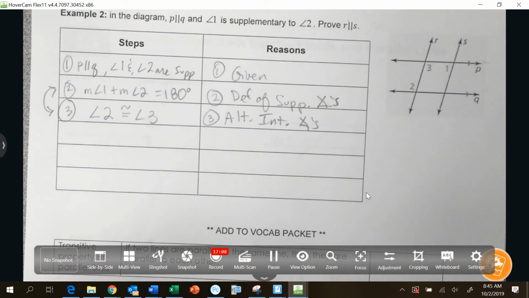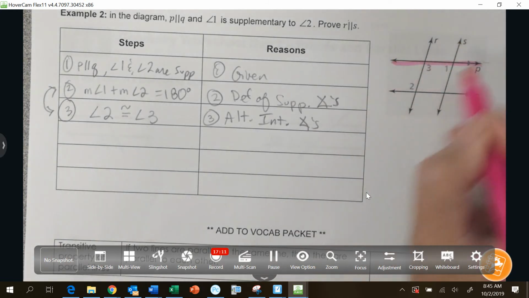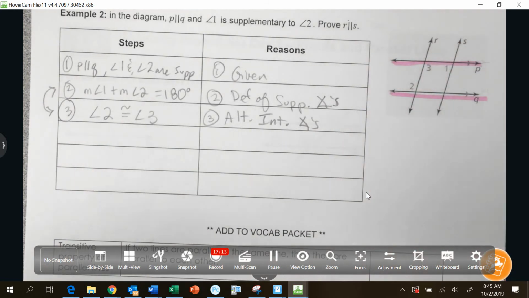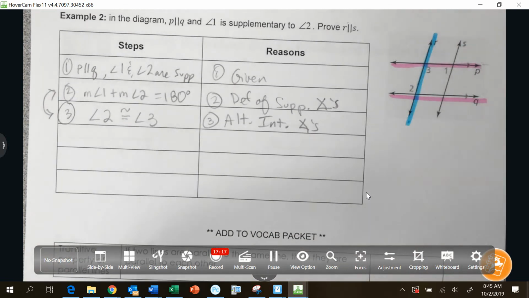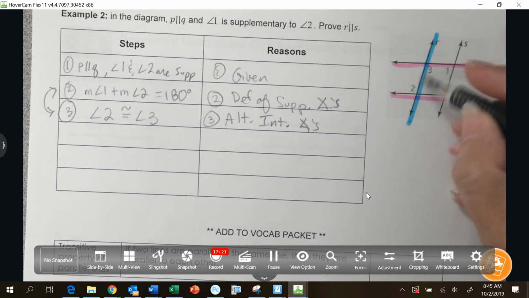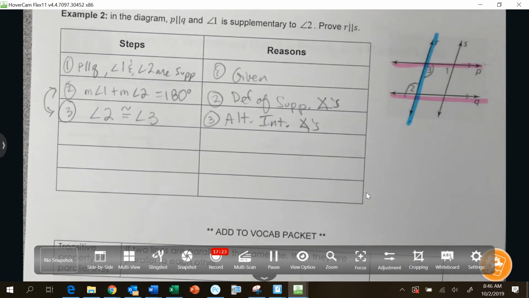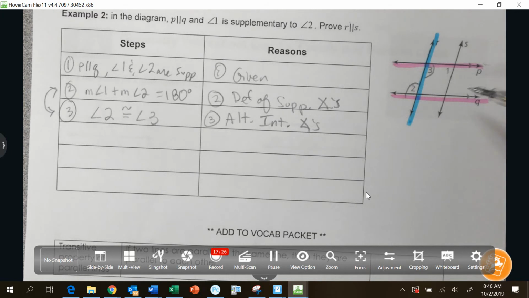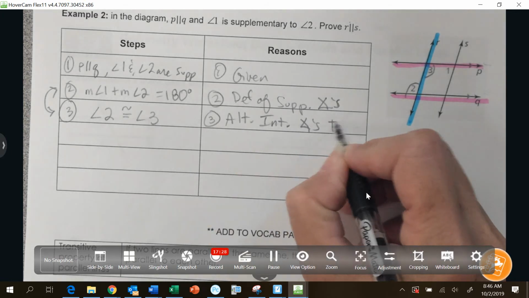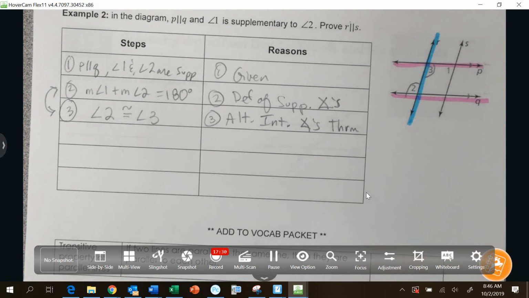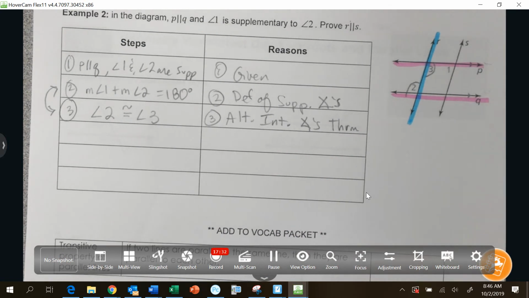We know that these two lines are parallel. It's given. We also know that this is a transversal that cuts through 2 parallels, meaning angles 2 and 3 are alternate interior. They have to be congruent. So that's by the alternate interior angles theorem. So that's showing that angles are congruent.